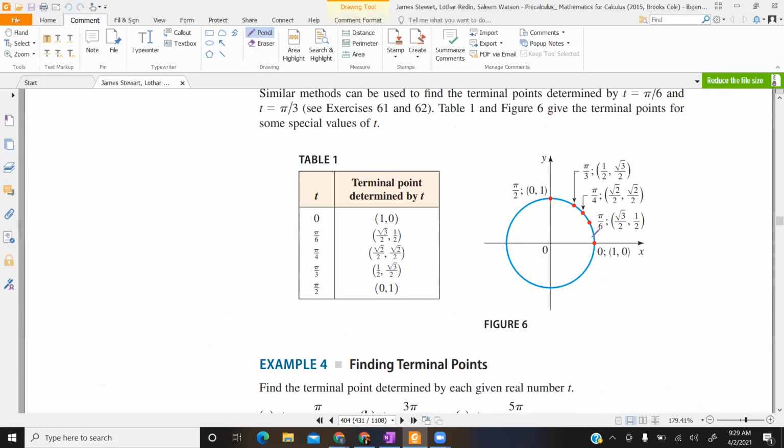So you've traveled from here to here, and that will correspond to pi over 6, and then you can travel from here to here, going along the circle, not the straight line. That will give you pi over 4, and then you can travel from here to here. So that will give you the point 1/2, square root of 3 over 2, and that corresponds to an arc length of pi over 3.